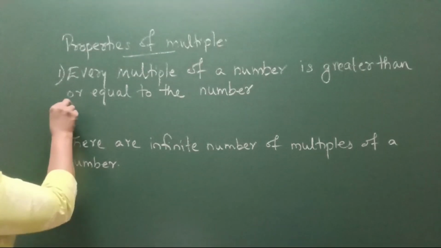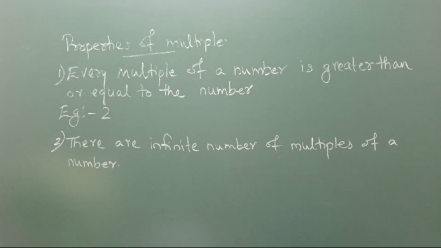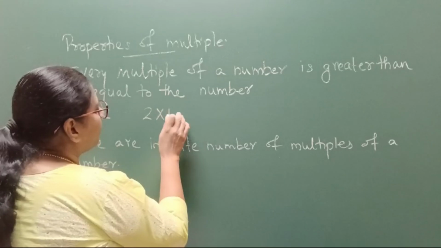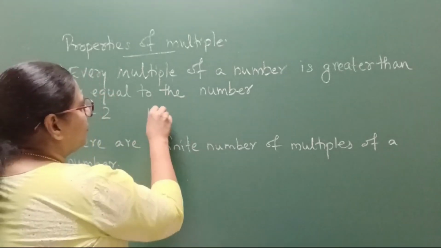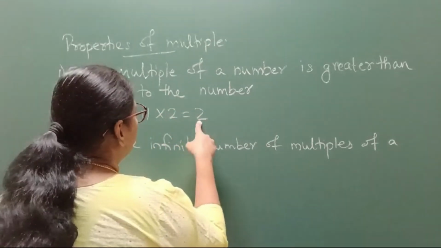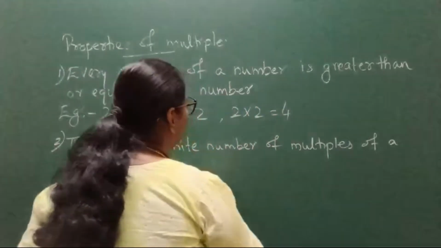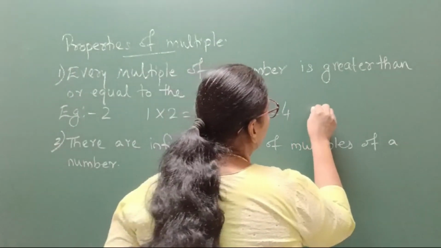Example here, 2. 1 2 is 2. 1 times 2 is equal to 2. Then 2 times 2 is equal to 4. So 2 is a multiple here, and 4 is also a multiple.